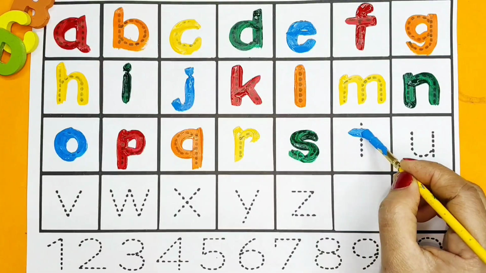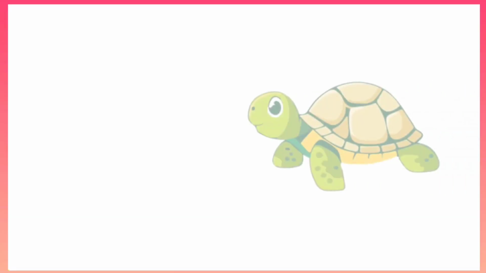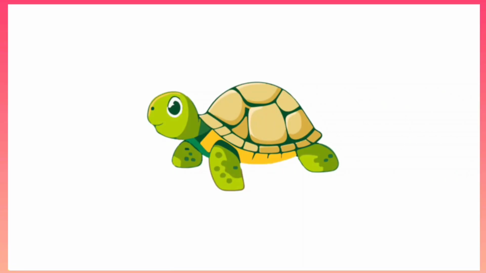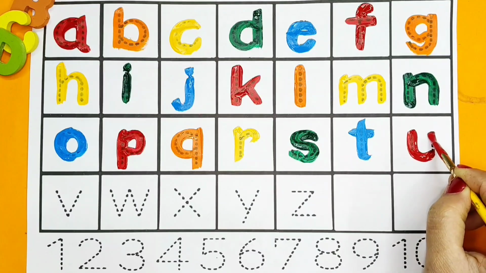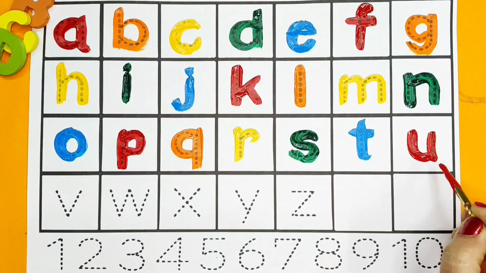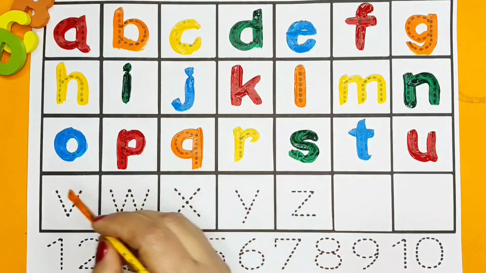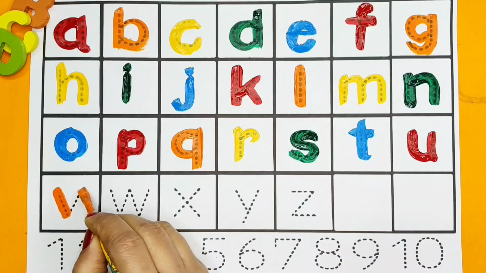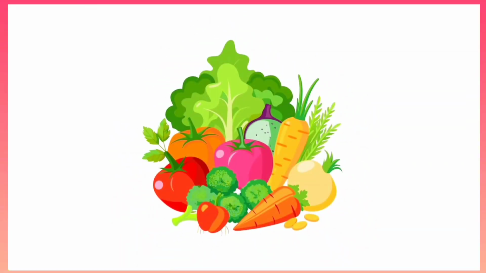Sky blue color T. T for turtle. Red color U. U for unicorn. Orange color V. V for vegetable.